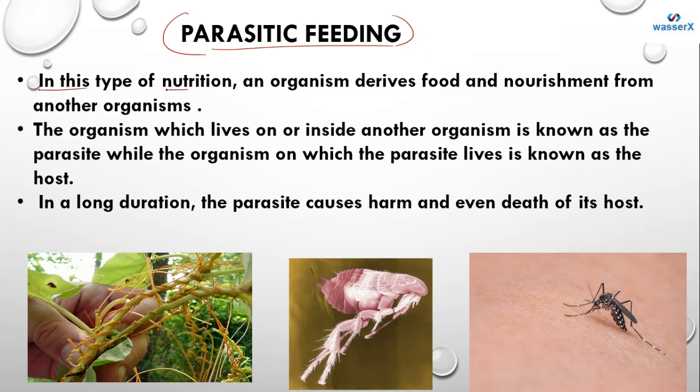In this type of nutrition, an organism derives food and nourishment from another organism. The organism that lives on or inside another organism is known as a parasite. It is a one-sided relationship, with no give and take, and that is the reason we call it a parasite. The organism on which the parasite lives, from which it gets food, is known as the host.